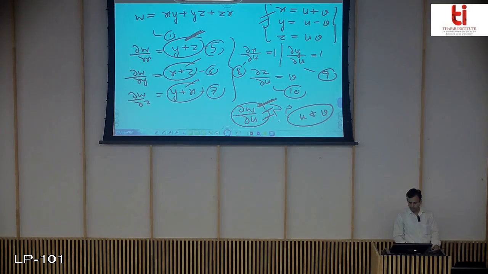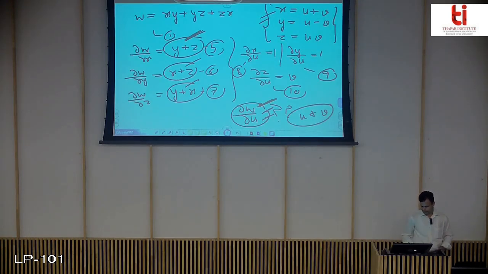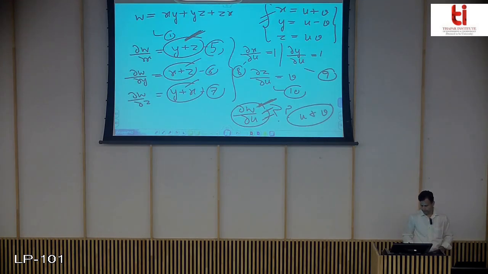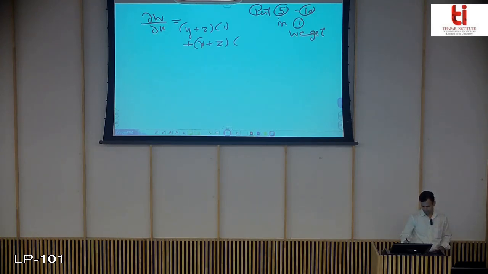Let me first write here: putting the values from equations 5 to 10 in equation number 1, we get (y + z)·1 + (x + z)·1 + (y + x)·v.